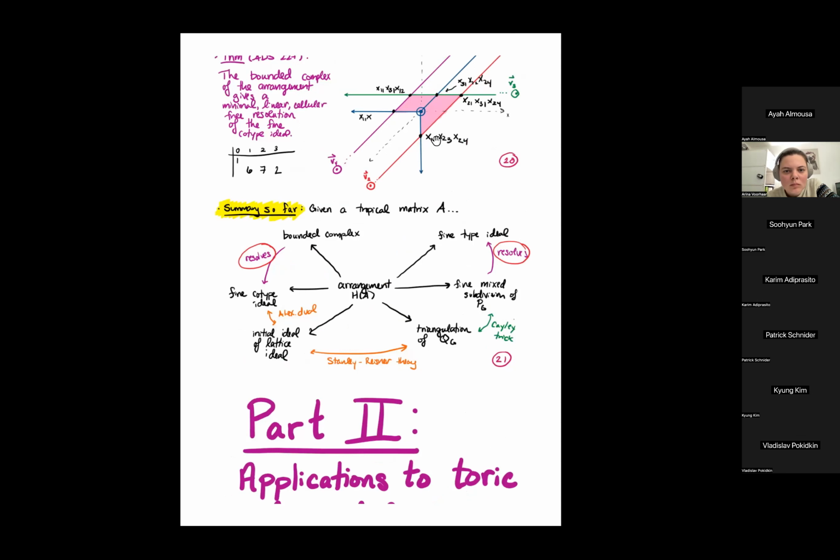In this picture, the bounded complex of the arrangement is going to give a cellular resolution of this cotype ideal. So how does this cotype ideal work? I talked about the fine type ideal, where I was kind of just labeling which side of which hyperplane I was on. The cotype ideal does the opposite. It's like the complement monomial.